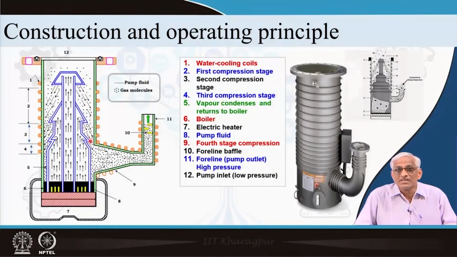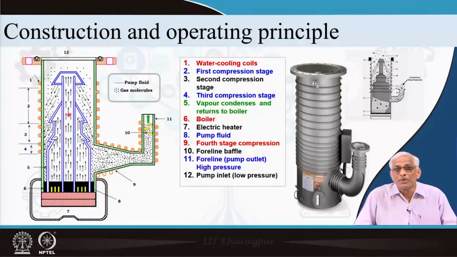This is one umbrella, this is the second umbrella, third umbrella, like that, and they touch this surface and get cooled by this chilled water and condense back into oil, and that oil will glide down slowly into the bottom, and again it gets heated and again evaporates.